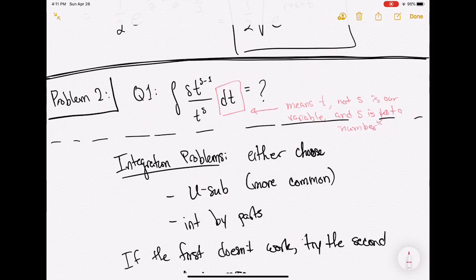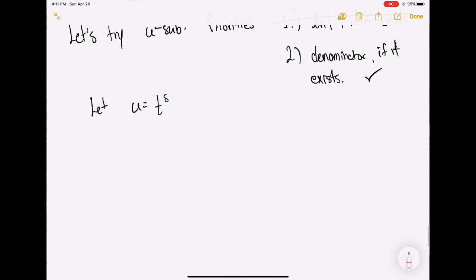Every single time you see d of a variable, that's telling you what your variable is for the problem. So here when I say u is t to the s and then du, I'm taking the derivative with respect to t. T is the variable. And what's that going to give here?